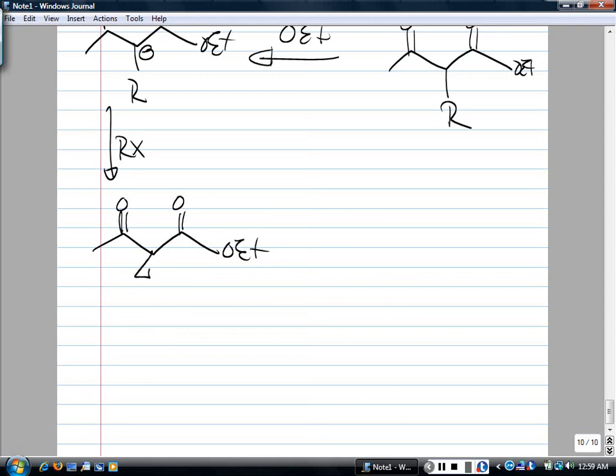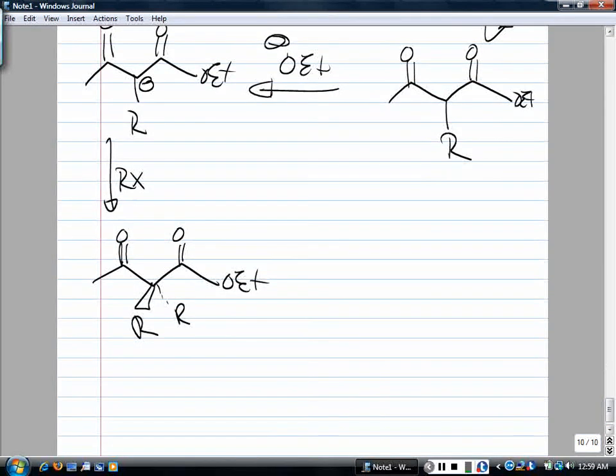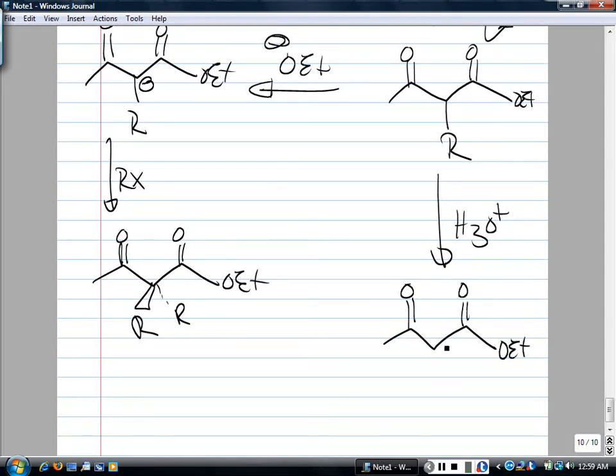So at will, you could make either this compound or that compound. And the beautiful thing is, both of these are beta-keto esters. So I heat this one with aqueous acid, and what do I get? The beta-keto acid, which is substituted. If I heat this one with acid, what do I get?